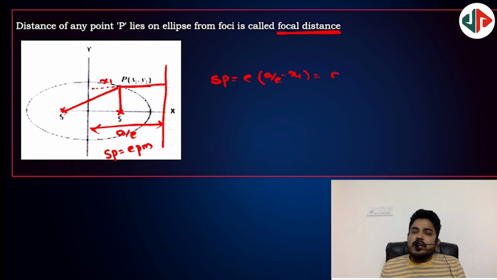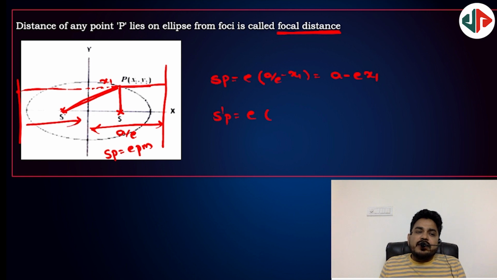So you are going to get A minus EX1. If you take this side as the thing, when you are taking S prime P, you have to take this one. So S prime P is equal to E times of, from here to here the distance is A by E plus x1. So it is equal to A plus EX1.